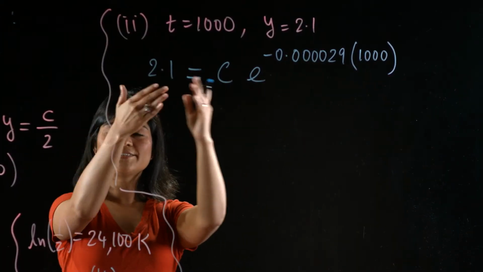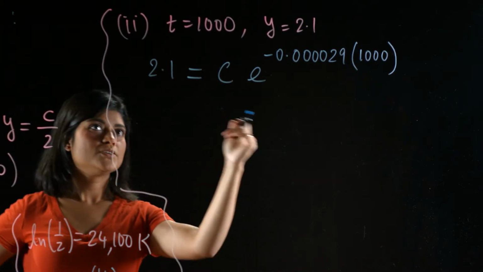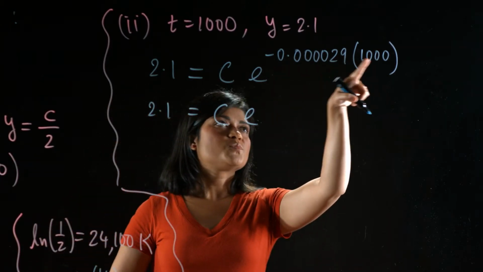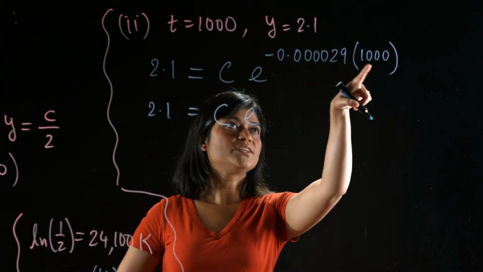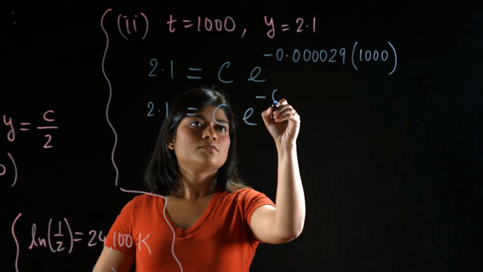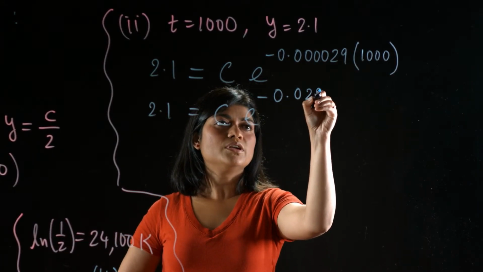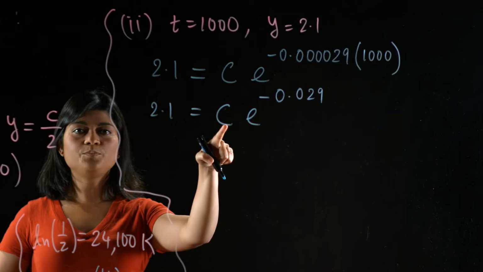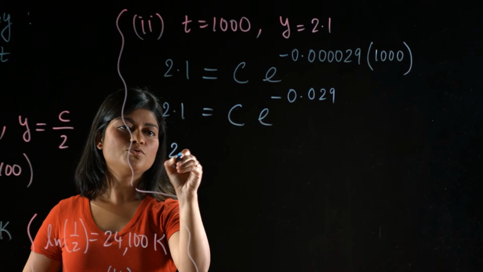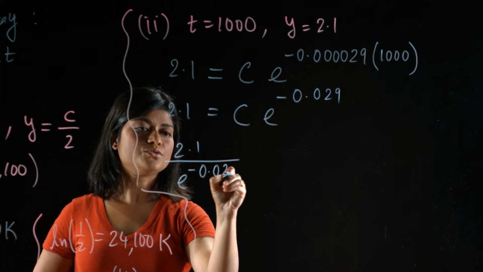Note right away that this is an equation with just one variable, c, and we can solve for it. Let's simplify a little. In the exponent, we multiply by 1,000, and we get negative 0.029. How do we compute c? Just divide both sides by this exponential expression. So c is 2.1 divided by e to the negative 0.029.